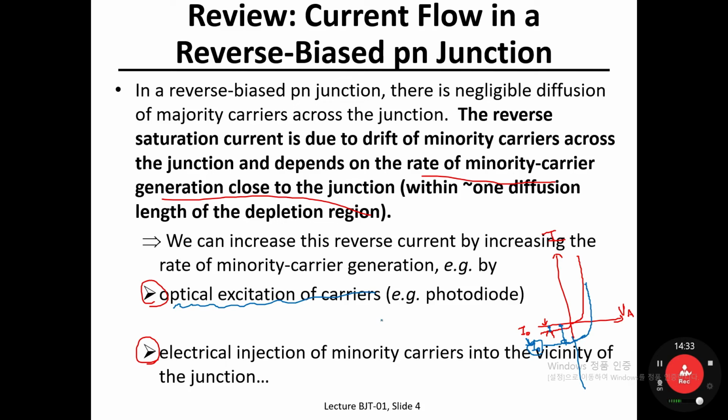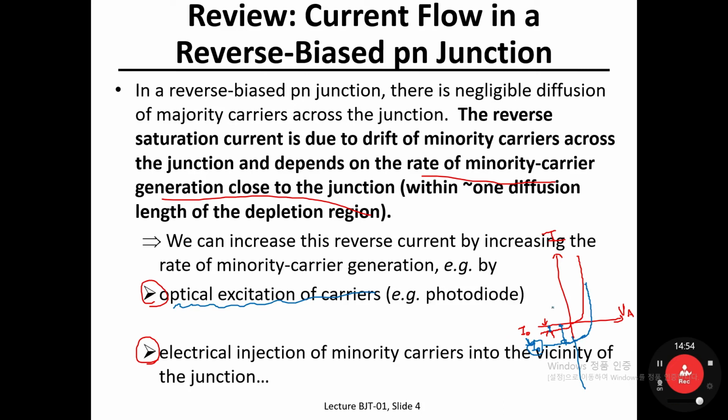But the carriers created close to the junction edge would be well injected into the other side or into the depletion layer, so that you may spontaneously expect the increased saturation current.